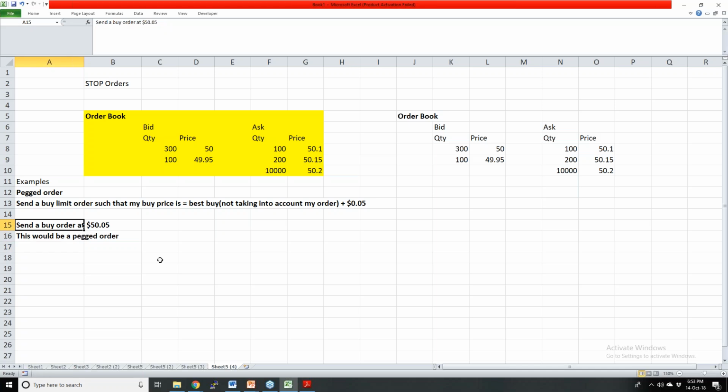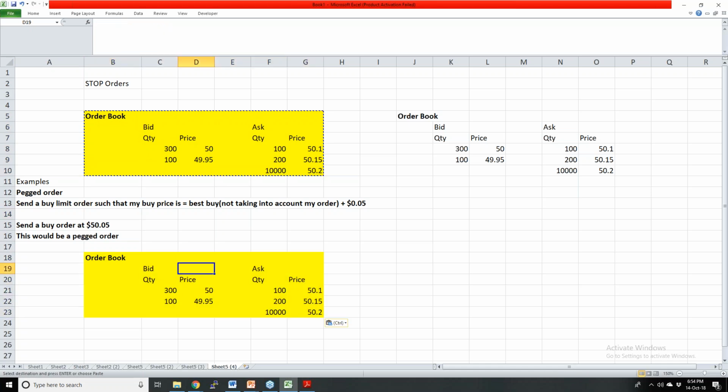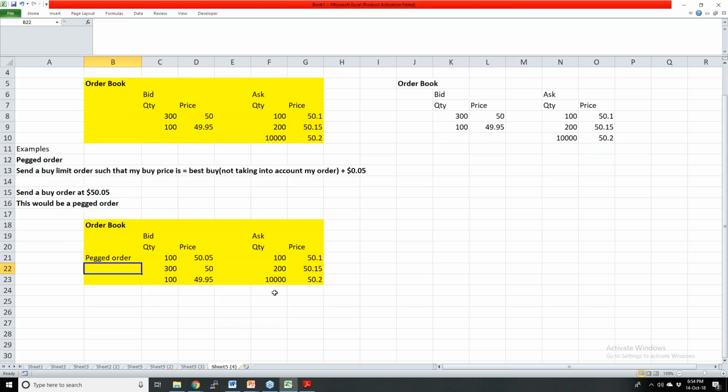After this, the order book will look like this. Say I wanted to buy 100, so this is the pegged order, and this will always be true.